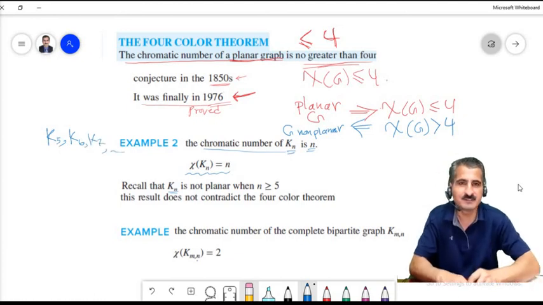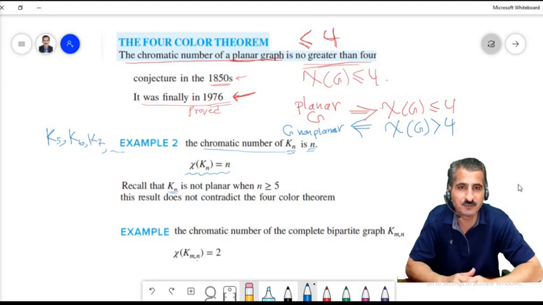Remember, these represent a complete graph of n vertices, and every vertex is adjacent to every other vertex in the graph, and therefore there is no way to color them with less than 5 colors.